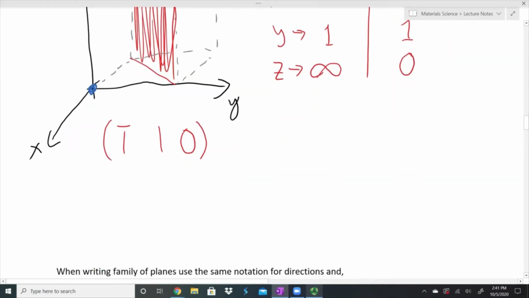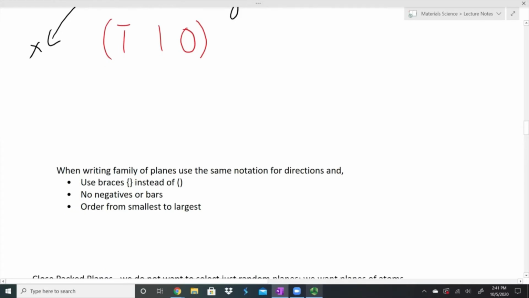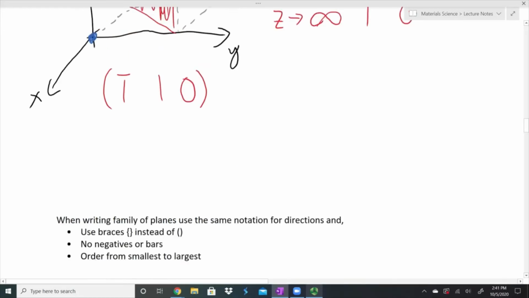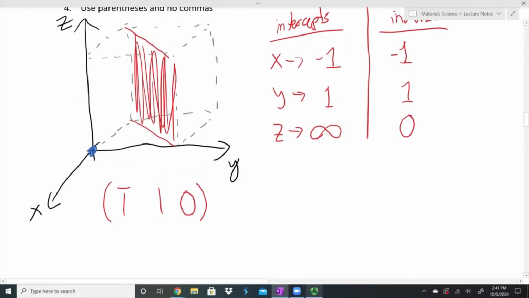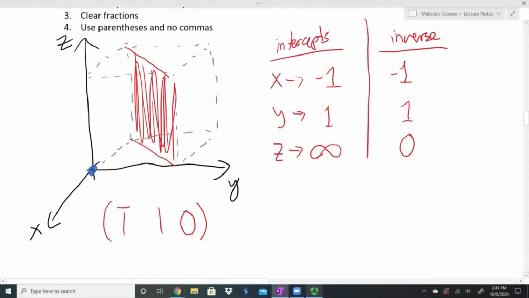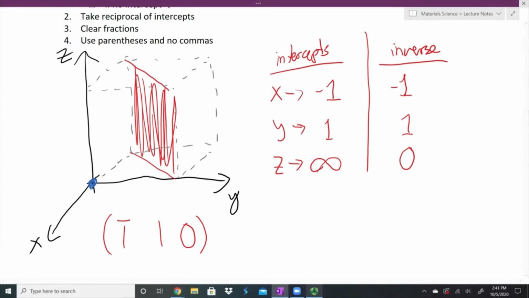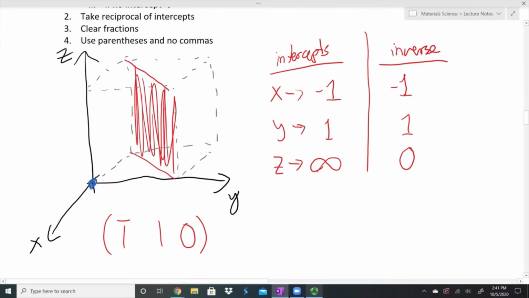Now we'll talk really quick about a family of planes. Just like with everything else, this is a very, very specific one drawn through here. Let me draw another one. It's going to get a little crazy if I draw another one in here, but there are other places where I could draw this exact same plane. I could cut my cube this way.